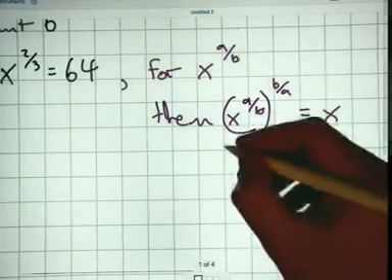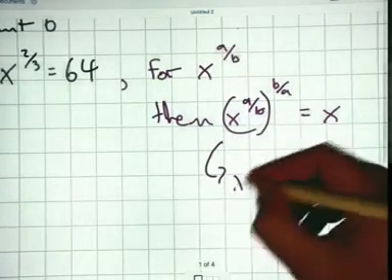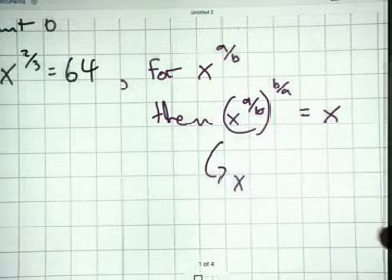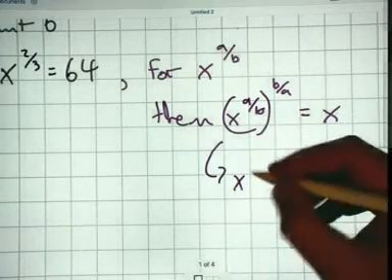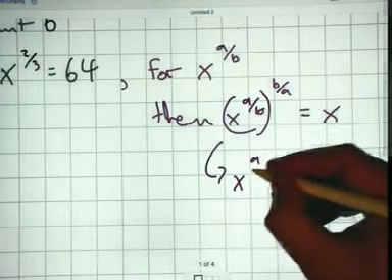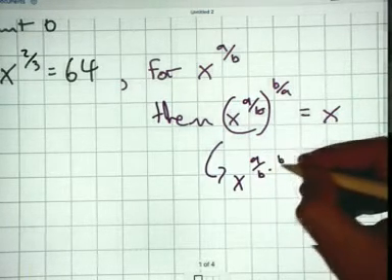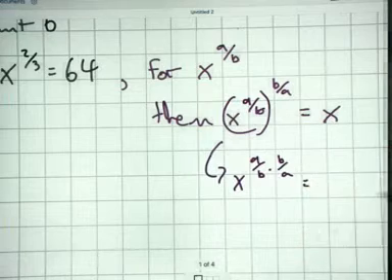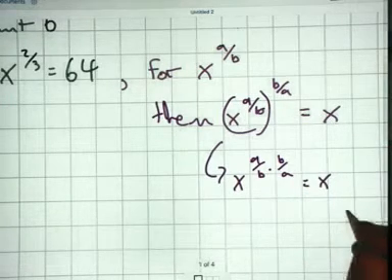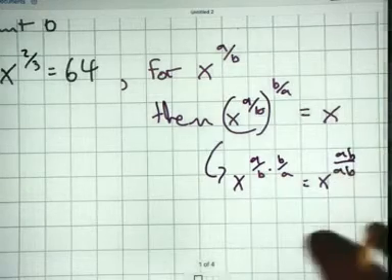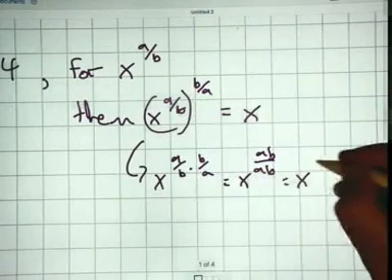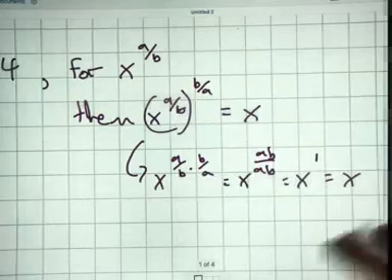And the reason why is, if we recall our power rule for exponents, when you have an exponent raised to an exponent, you're going to multiply your exponential values, which then you get ab over ab, which is just x to the 1, which is just x.